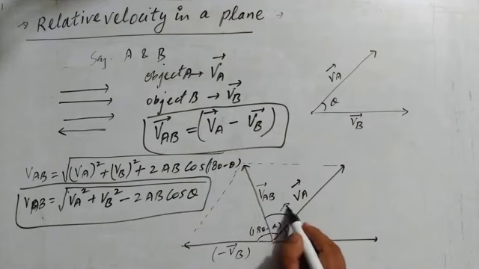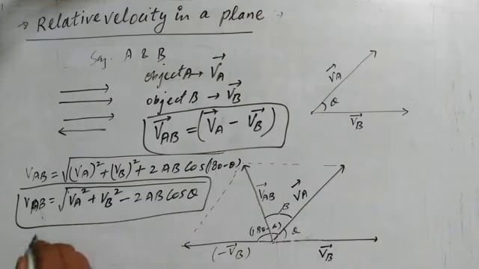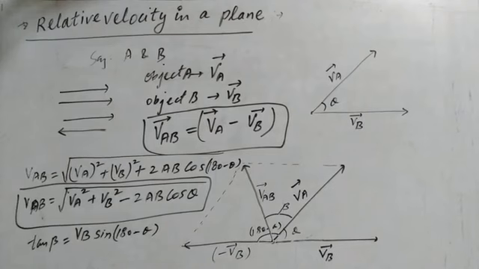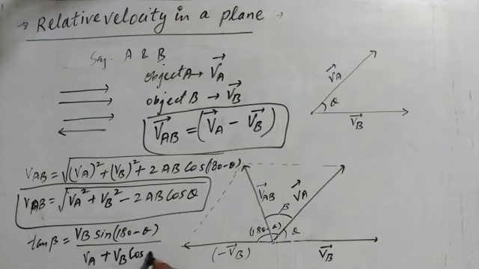If this angle is beta, then tan beta is equal to VB sine of the angle 180 minus theta upon VA plus VB into cos of the angle 180 minus theta.